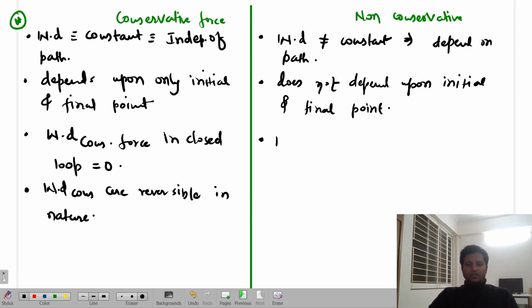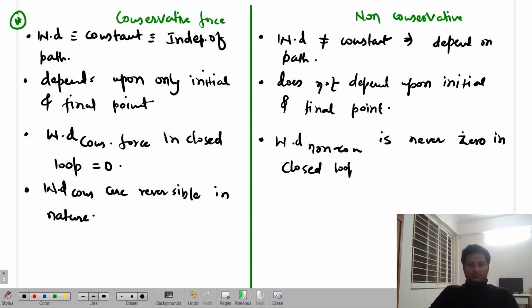Work done by non-conservative force is never zero in a closed loop. Fourth point, irreversible in nature. Is this clear or not?